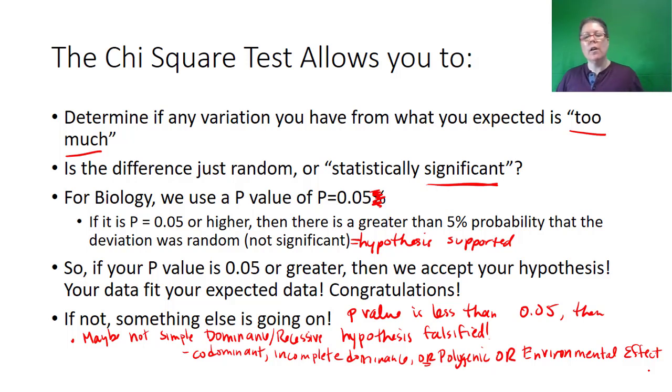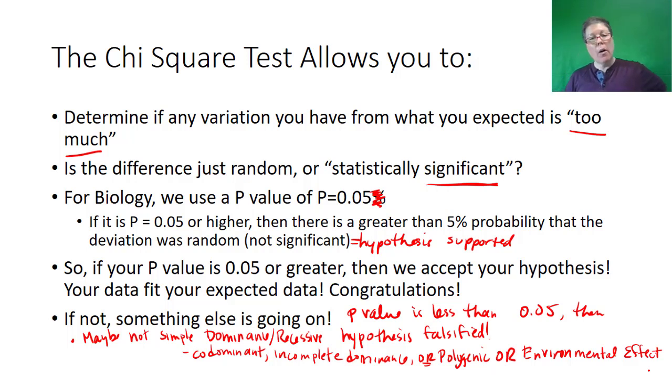So if your hypothesis is falsified, there's something else going on. Maybe it's not simple dominance or recessiveness. Maybe it's codominant. Maybe it's incomplete dominance. Maybe it's polygenic inheritance. So there are multiple genes involved, like we see in things like hair color and skin color and height, I think. Maybe it has an environmental effect, like we saw with the hydrangeas in the lecture videos, where in one soil pH they're pink and in the other soil pH they're blue.